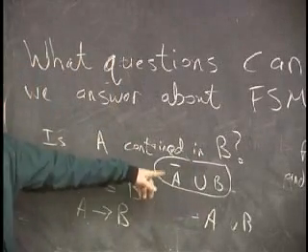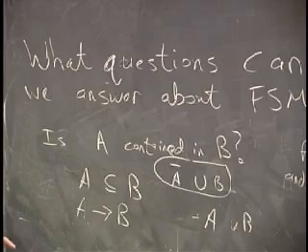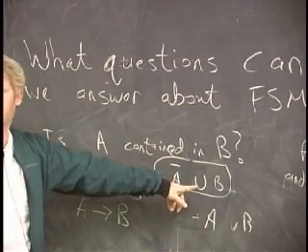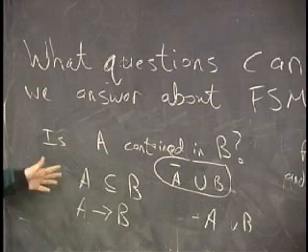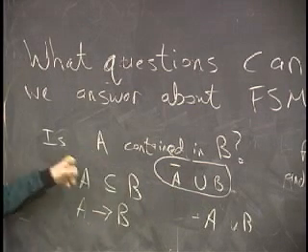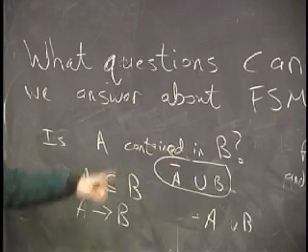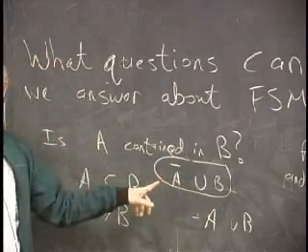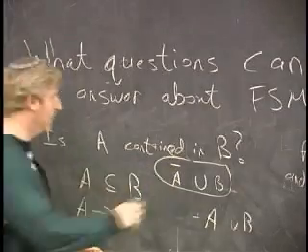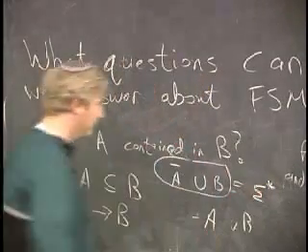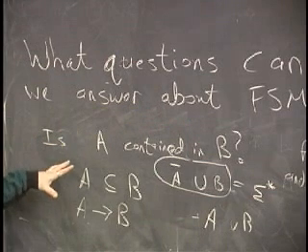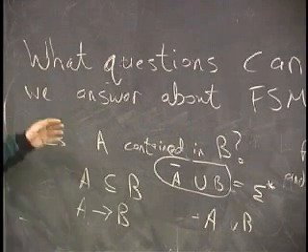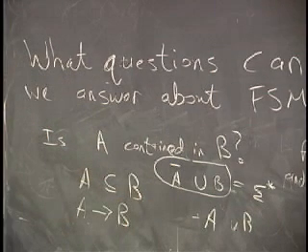If you calculate the complement of A union B, that represents somehow this logical statement that A is contained in B. If this is true for all the strings, if this equals sigma star, then A is contained in B. So the logic and set connections all come back and give you a lot of power if you can remember them and use them.